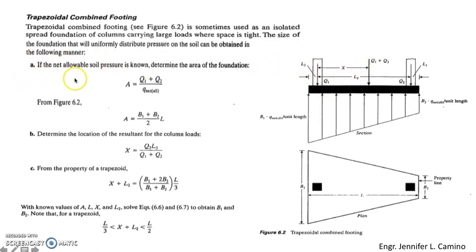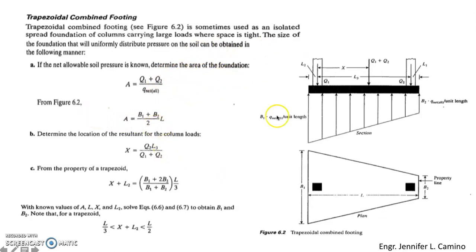Same procedure, you have to identify the allowable soil pressure. So to identify the area of the foundation, area is equal to Q1 plus Q2 all over the net allowable soil bearing capacity.